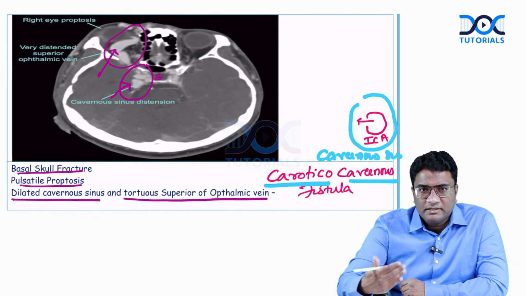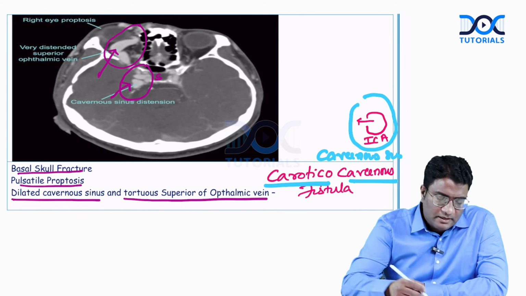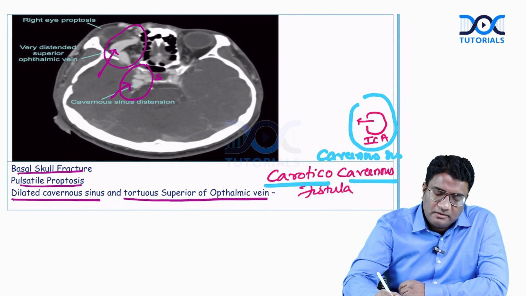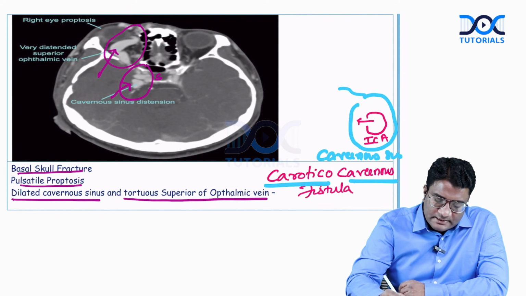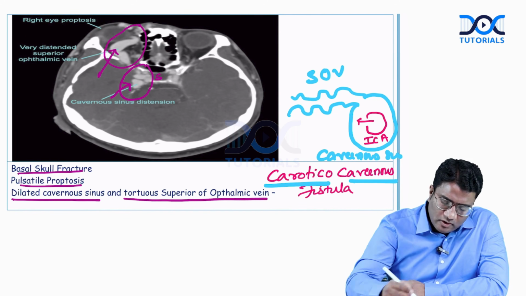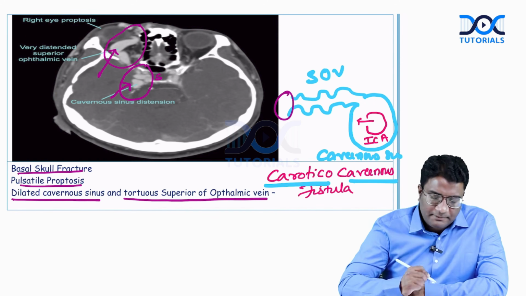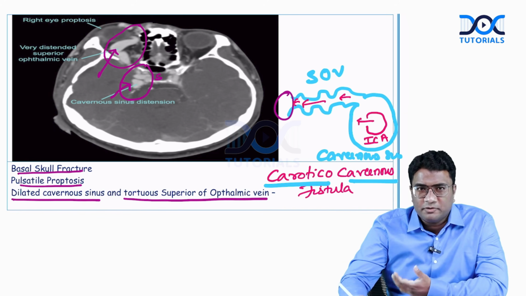This connection causes the cavernous sinus to be dilated. The cavernous sinus communicates with the orbit through the superior ophthalmic vein. So the pulsations of the internal carotid artery will reach through the superior ophthalmic vein into the orbit, causing pulsatile proptosis in the patient.